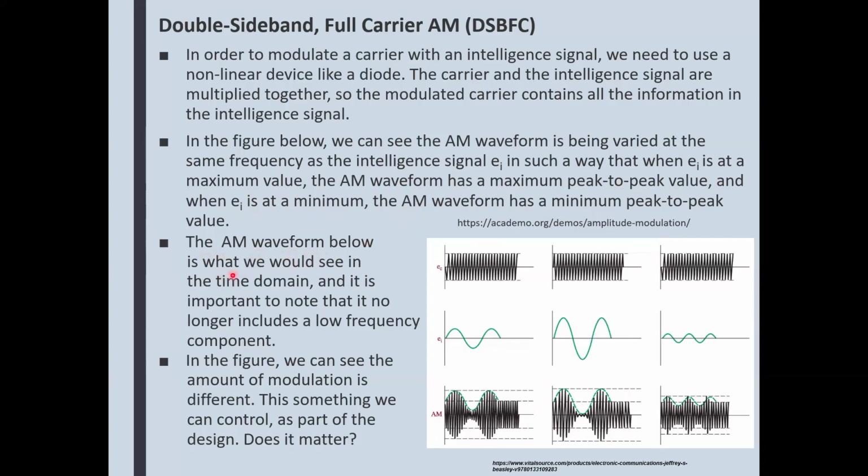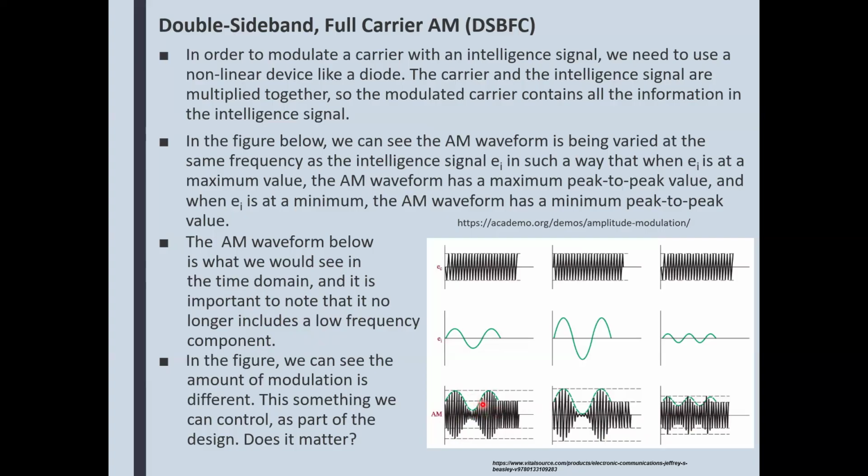The AM waveform below is what we would see in the time domain on the oscilloscope. And it's important to note that it no longer includes the low frequency component. That green line is just drawn here. It is just the carrier that changes in a certain way.